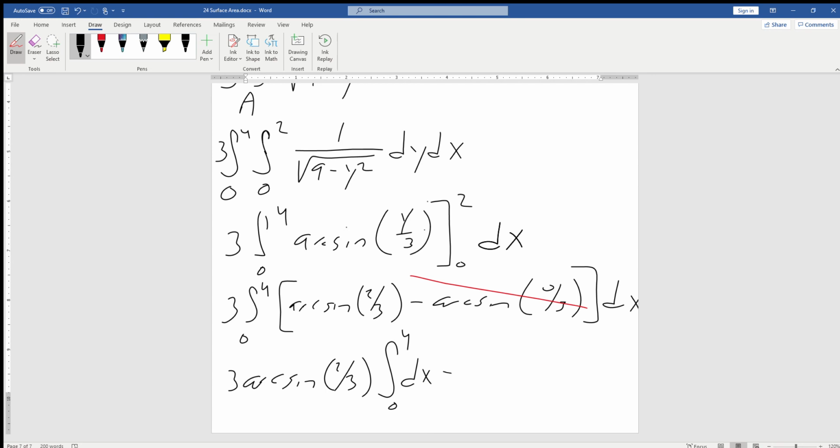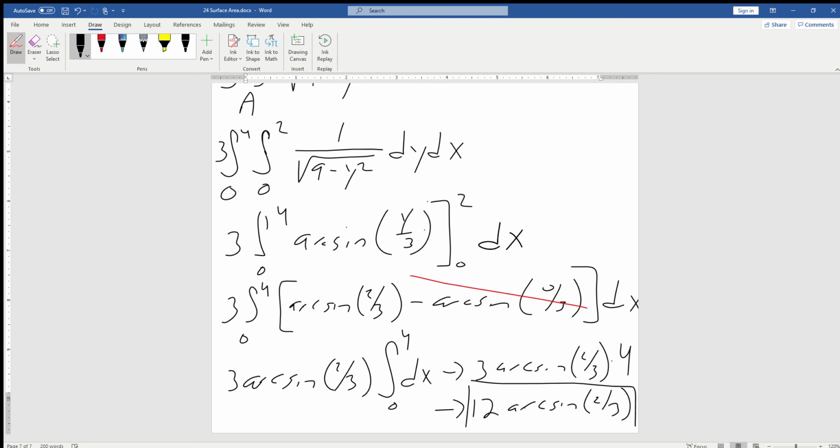So now we can write this as 3 arcsine of 2/3 times 4, or ultimately 12 arcsine of 2/3. And 12 arcsine of 2/3 does not have a precise value that we can simplify very nicely. It just stays 12 arcsine of 2/3.